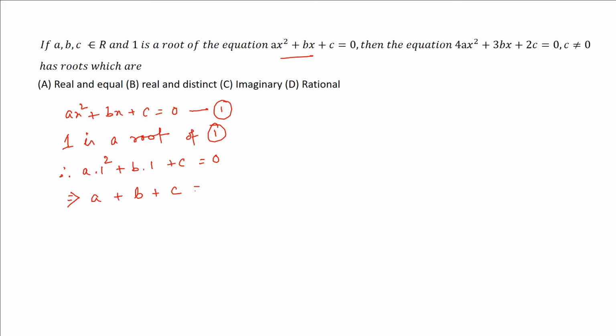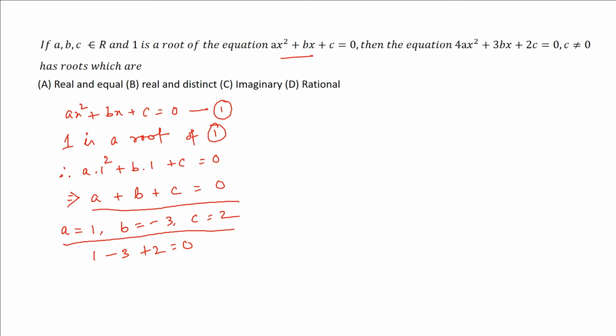Now, we take some values of a, b, c at our choice, that is, we can take a equal to 1, b equal to minus 3, c equal to 2. You can take other values of a, b, c such that a plus b plus c equal to 0. Here you can see 1 minus 3 plus 2 equal to 0. So, these values satisfy this relation a plus b plus c equal to 0.